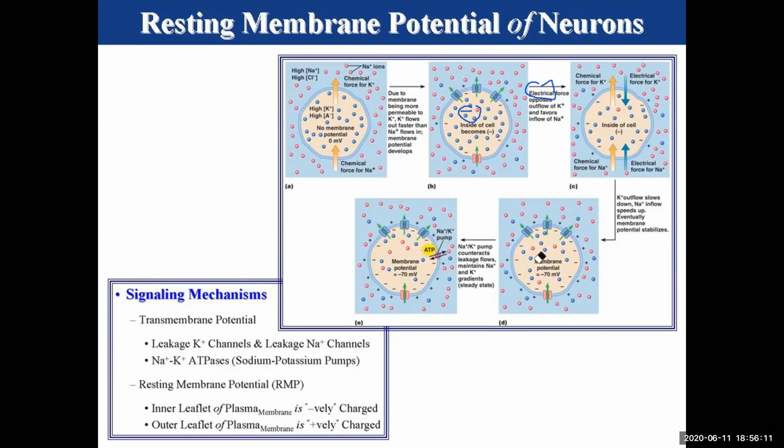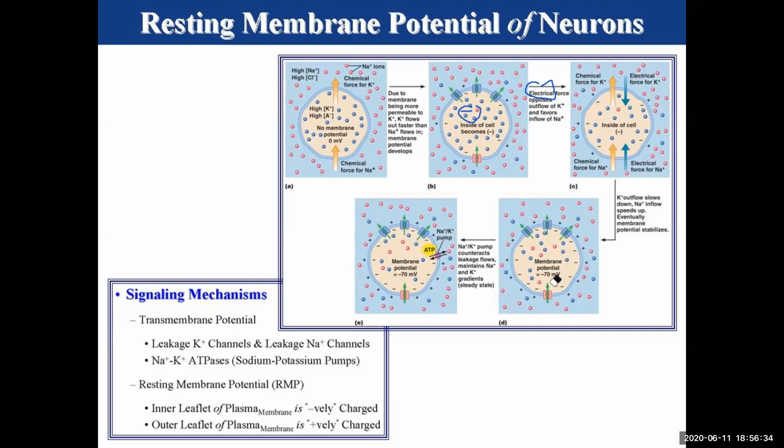So ultimately, sodium will respect its electrochemical gradient, potassium will respect its own electrochemical gradient, and there's no net exchange, and that potential goes back to 0 millivolts.